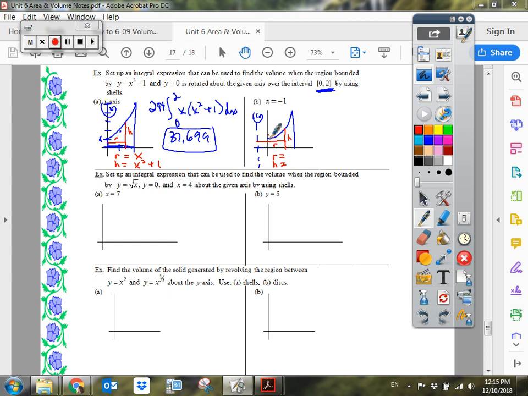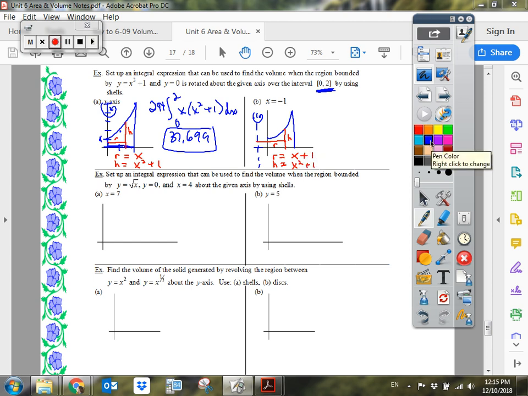From the y-axis to here is x. But I need more than that. I need one whole unit more than that. So r is going to be x plus 1. H is still big minus little, the function minus 0. So h is still x squared plus 1.